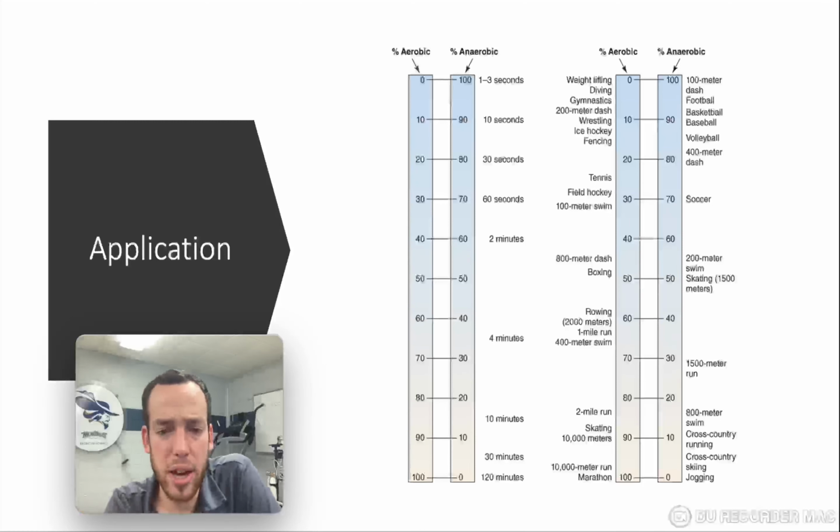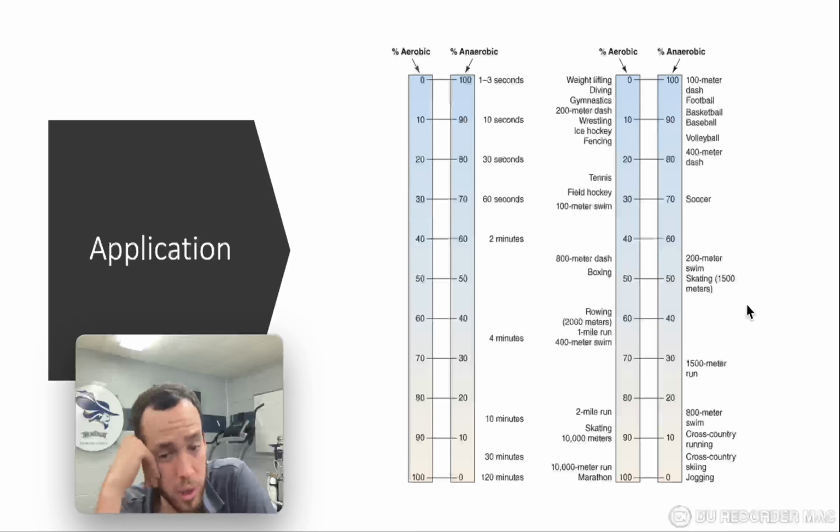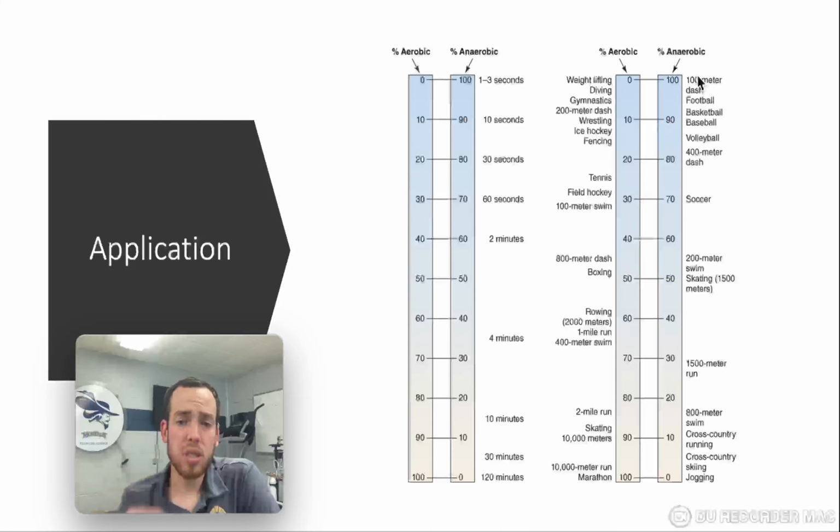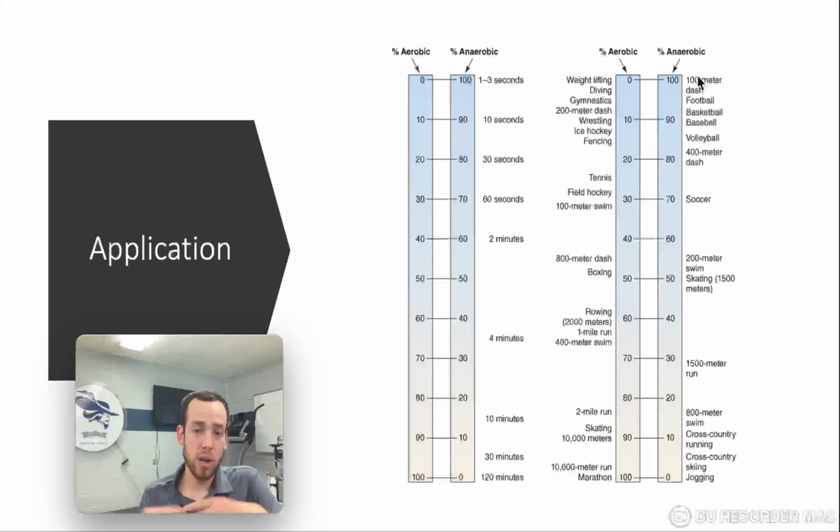So if we look to see what that translates to, we can picture this in terms of sports. A marathon is almost 100% aerobic. A 100-meter dash is almost 100% anaerobic. Now, what I really want to stress to you is that even though you have these systems, at any given time, the aerobic system is contributing to whatever you're doing, and the anaerobic system is contributing to what you're doing. Right now, I'm sitting here, and to some degree, ATP-PC is happening.